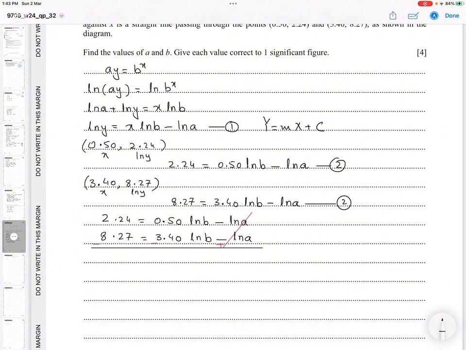So you get negative 6.03 equals negative 2.9 ln b. Negative and negative are gone, so your ln b equals 6.03 divided by 2.90. This gives you 2.079.